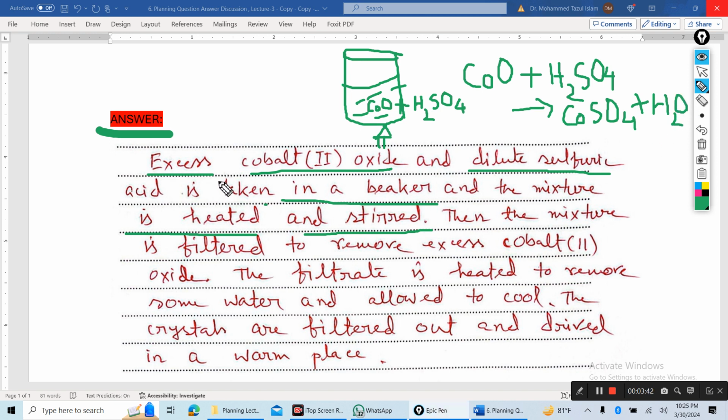So, excess cobalt(II) oxide and dilute sulfuric acid are taken in a beaker and the mixture is heated and stirred. After heating, cobalt(II) oxide reacts with sulfuric acid to form cobalt(II) sulfate solution, aqueous, and water.